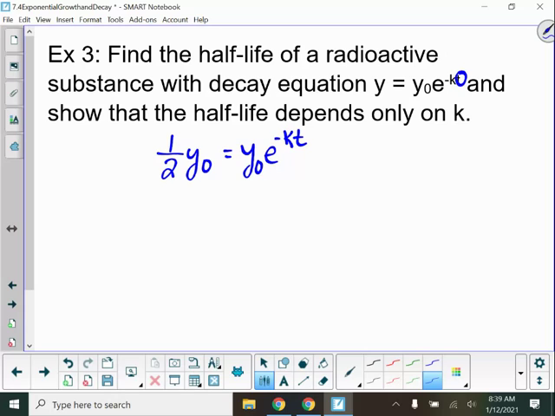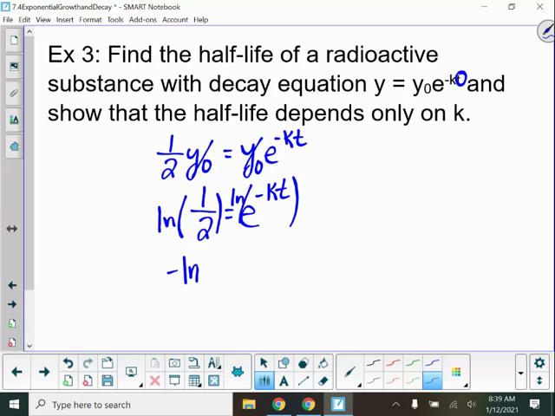Well, if we solve this equation for t, the y sub 0's divide out, we get 1/2 equals e to the negative kt. I'm going to solve this by taking the natural log of both sides. So this natural log of 1 over 2, well, it's natural log 1 minus natural log 2, but the natural log of 1 is 0.